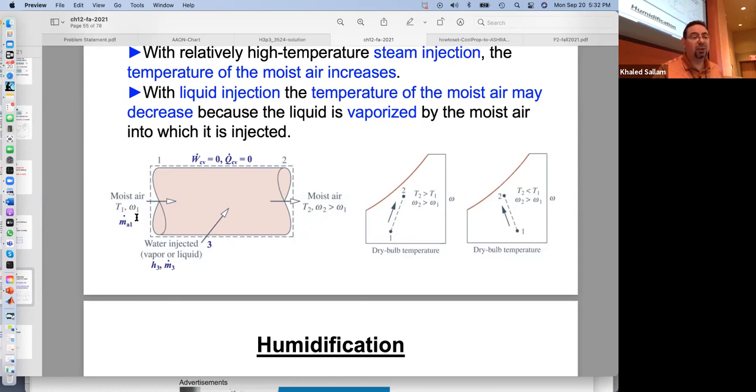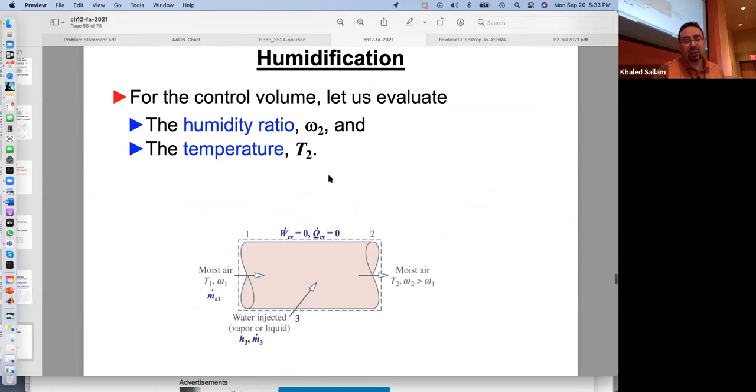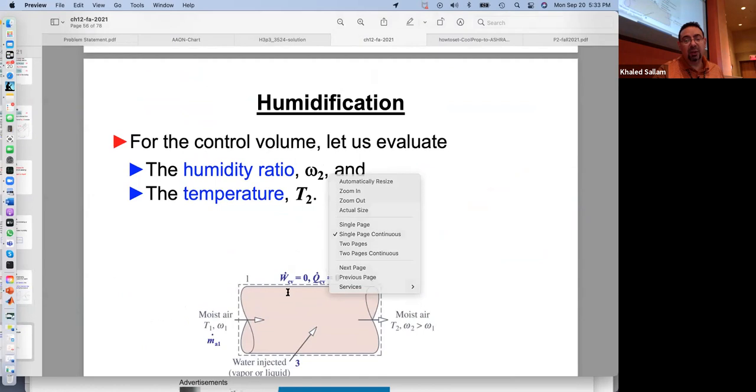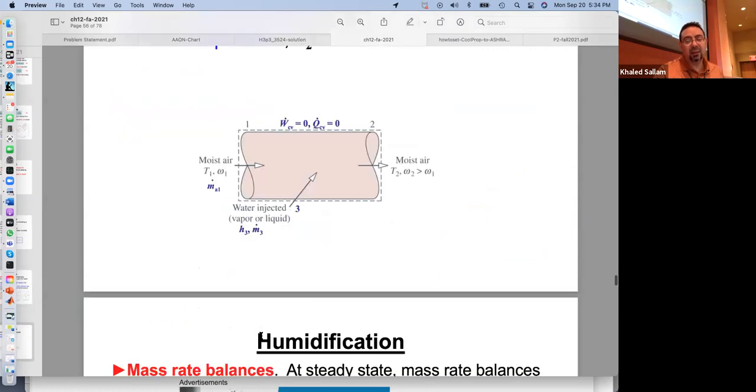Because omega 2 minus omega 1 multiplied by m dot air is m dot water, right? That's the first equation. That's the continuity equation. Remember, we have only three equations: continuity, momentum, and energy equation. So the continuity equation will tell you m dot air multiplied by W2 minus W1 equals m dot 3, or m dot water. So this is our target, and we will reach them by controlling those two knobs that we have in our hand.